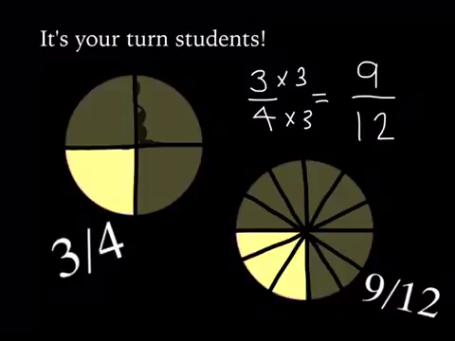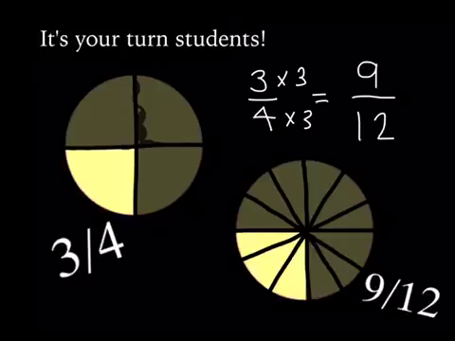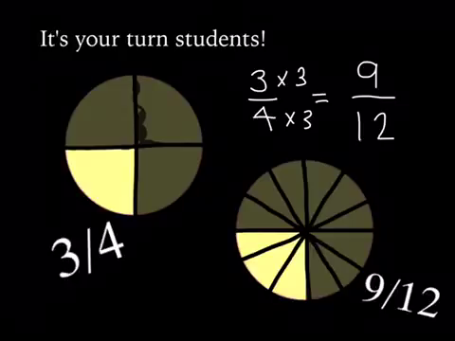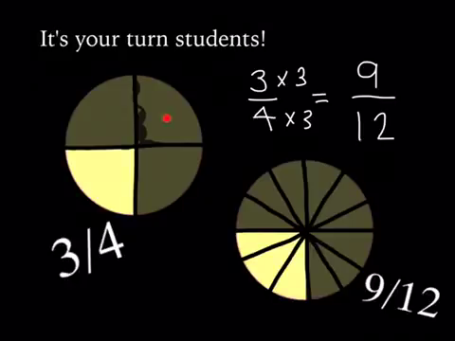To make sure that both of your fractions are equivalent to one another, simply look at the shaded area on your circles. On my first circle, I see that 1, 2, 3 out of 4 pieces are shaded.